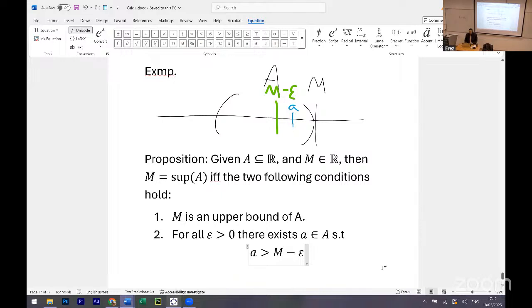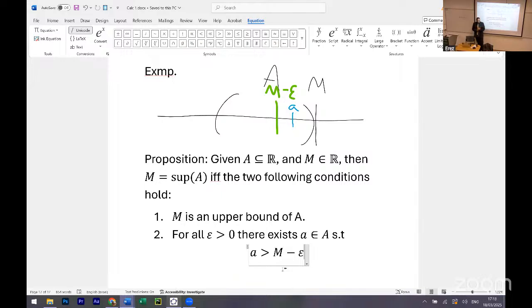This part basically says M minus epsilon is not an upper bound, and it makes sense because M is the lowest upper bound, so everything lower than that is not an upper bound. And this is an inequality we can work with and solve for epsilon and calculate things. It's just different notation for the very same definition.